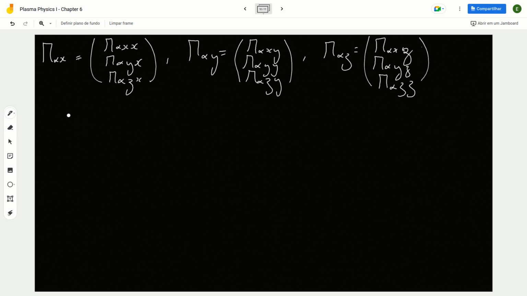This is the tensor. If you put each one of these vectors into a column, you will have this matrix or this tensor, right? This is the momentum flow tensor.